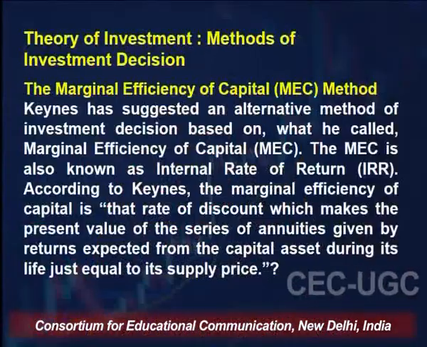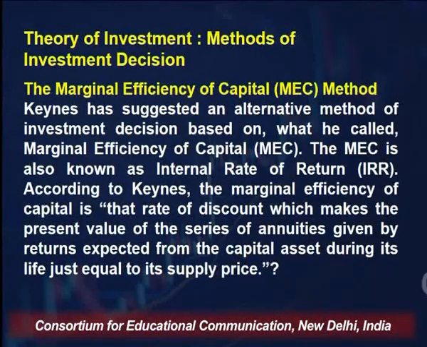Now Keynes has suggested an alternative method of investment decision based on what is called the marginal efficiency of capital. The MEC is also known as the internal rate of return, IRR, and according to Keynes, the marginal efficiency of capital is that rate of discount which makes the present value of the series of annual returns expected from the capital asset during its life just equal to its supply price.